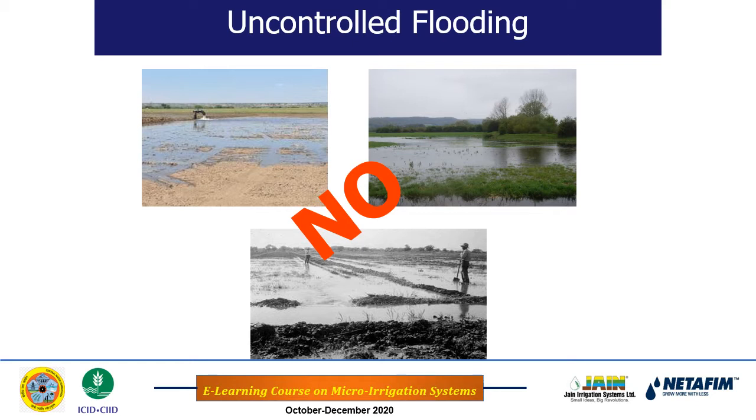The root zone of the crop may be 60 centimeter, 100 centimeter or 150 centimeter. So depending on the root zone of the crop, and depending on of course other characteristics as well, the desired amount of the water needs to be stored into the root zone. So this is what we need to follow when we do irrigation.